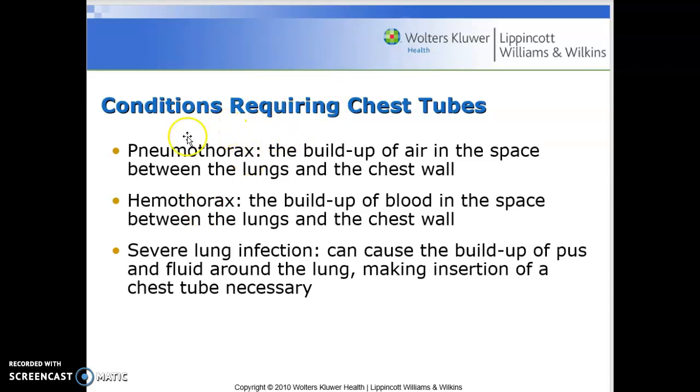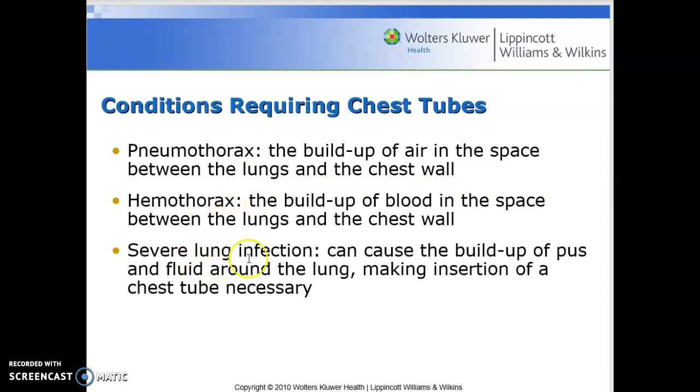There are different conditions that require chest tubes. The first one we're going to talk about is the pneumothorax. The pneumothorax is the buildup of air in the space between the lungs and the chest wall. If we put that tube in, it will simply remove that air. A hemothorax is the buildup of blood in the space between the lungs and the chest wall. Again, if we put that chest tube in, it's going to remove that blood.